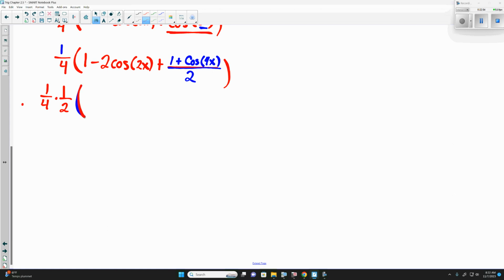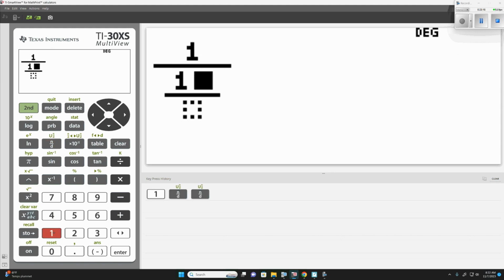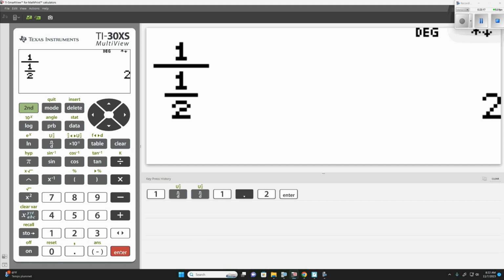But what kind of makes things tricky is the other 2, because the last one is going to become 1 plus cosine of 4x. But I have to divide the 1 by 1/2 to factor it out. Let's see what happens. 1 over 1/2 is 2, because if I multiply the 2 by 1/2 to get back to 1, it has to be 2.